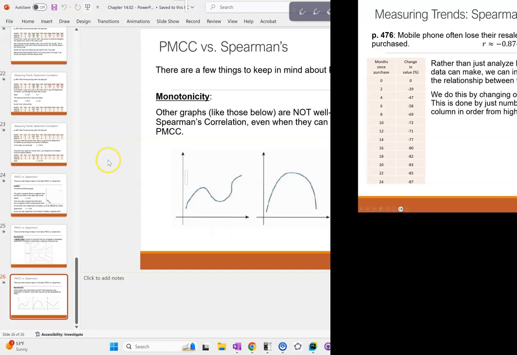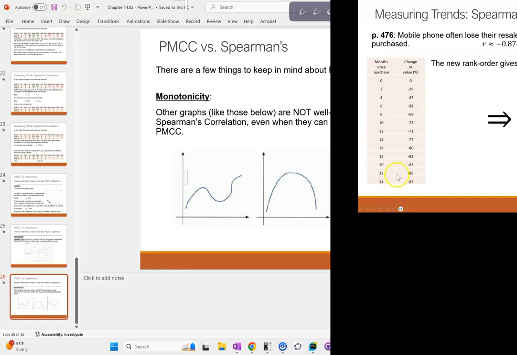The highest value in the X is 24, so that would turn into 1, and then 22 would be 2, 3, 4, 5, 6, etc. And in the Y column, my biggest value is 0, so that would be my 1, and then I have 2, 3, 4, all the way down. If I do that, this would be my new rank data.